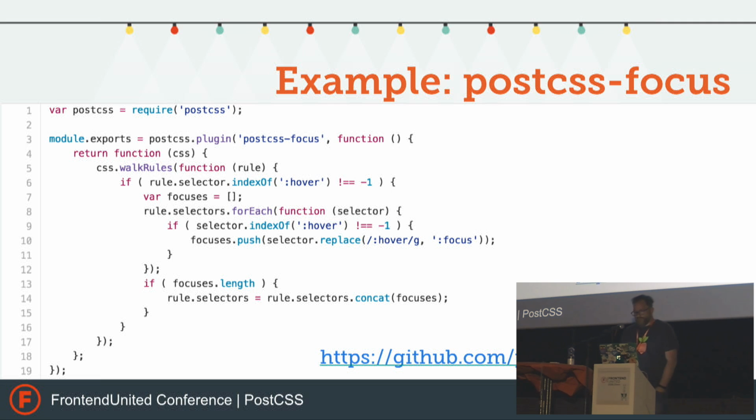There's apparently a function with the name walkRules, so it walks over those rules. And it finds a selector in there that has :hover in the string. Then it collects all the items it finds in an array, rewrites them, replaces hover with focus, concatenates that with all that has been there, and puts it back in. So, not that hard.